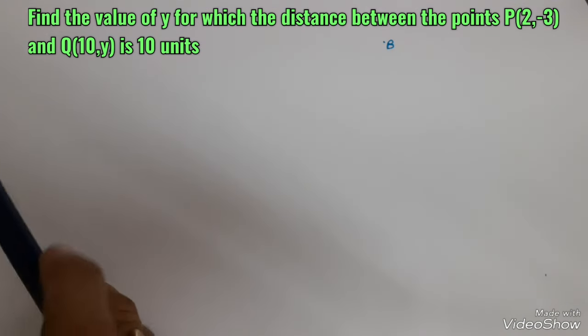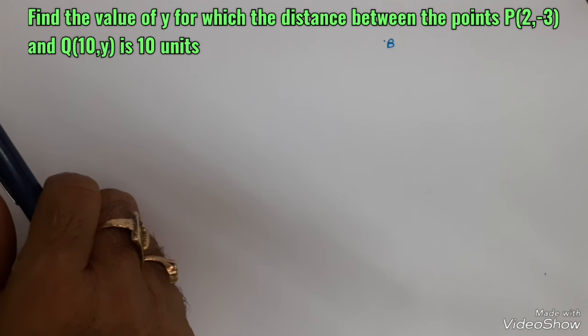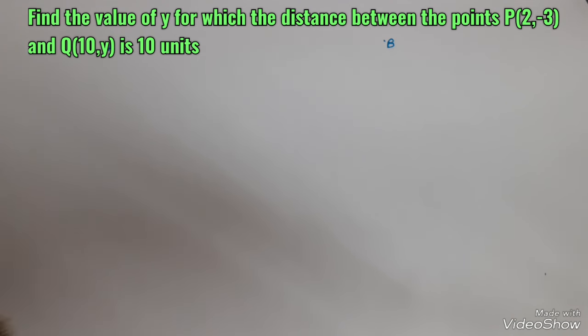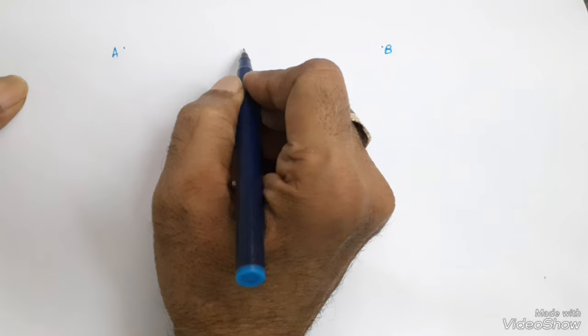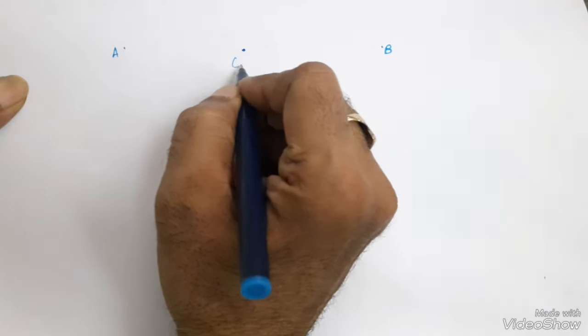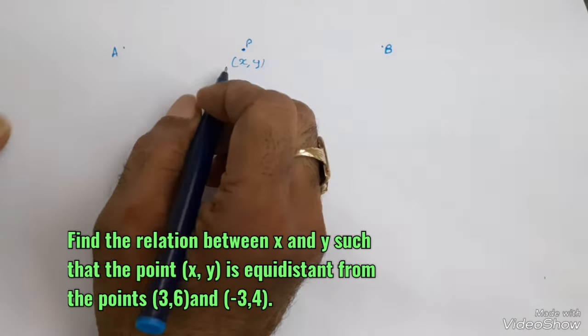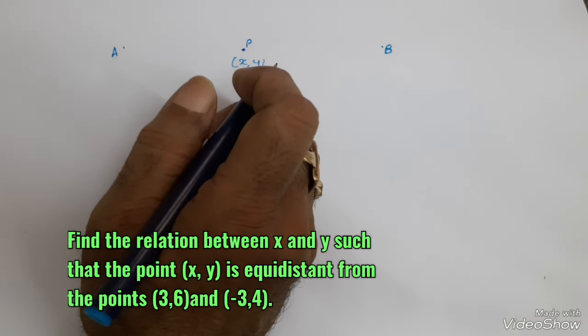Now let us take the 10th problem. Find a relation between x and y such that the point (x, y) is equidistant from two points. So here take a point (x, y), which is equidistant from the two points.